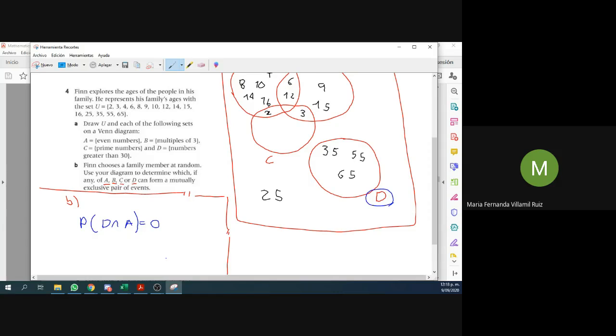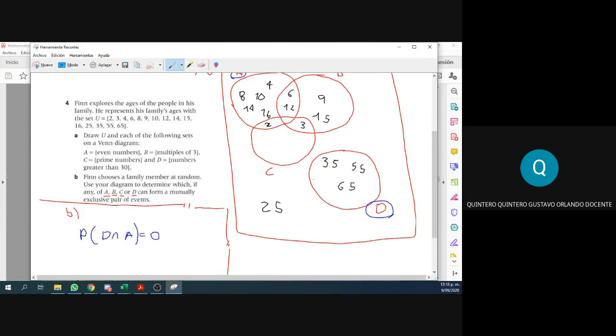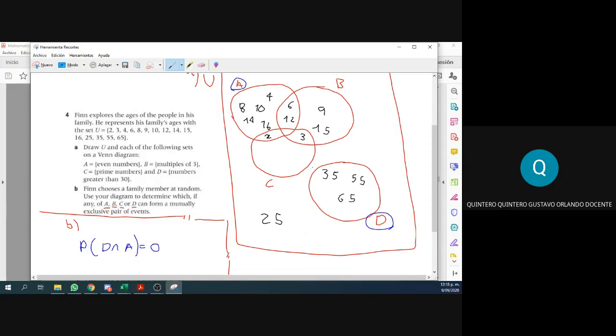No hay. Zero. Probability is 0. The fact that the intersection doesn't exist is telling us that the intersection is empty. So the probability will be 0. That event cannot happen because the intersection doesn't exist.